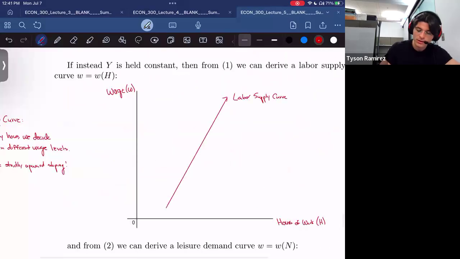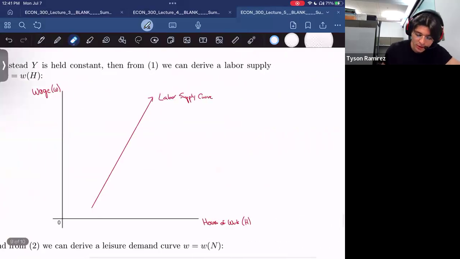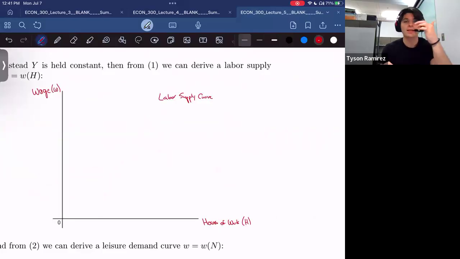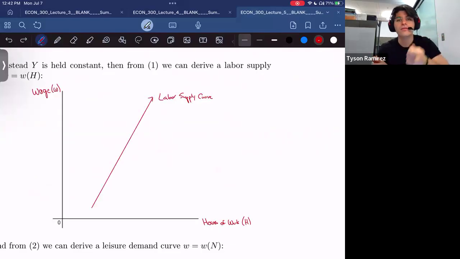All right. And what do I mean by that? Well, an alternative is that, and this is where it actually gets more realistic. Because what does a linear thing tell us? It tells us that if we get paid more, then we're always going to choose to work more. Now, is that realistic? Maybe not.